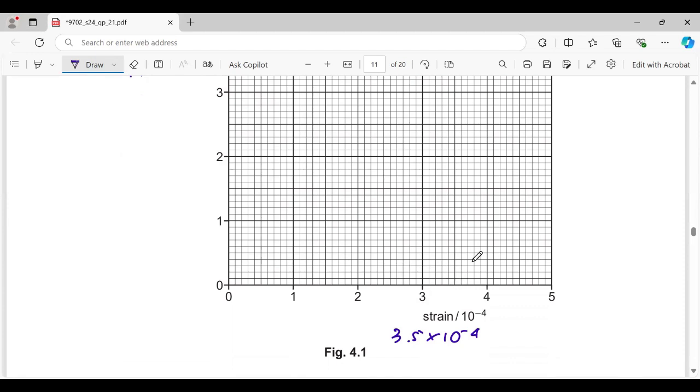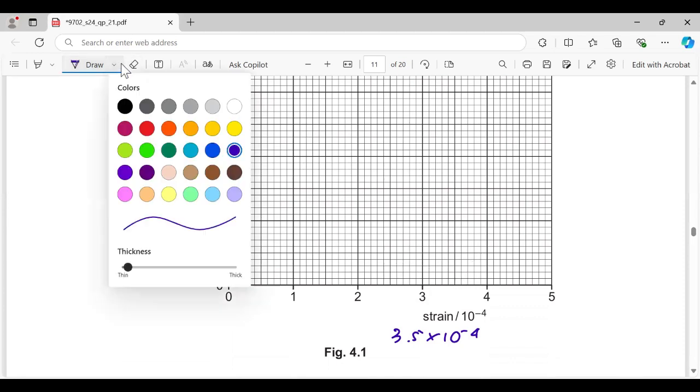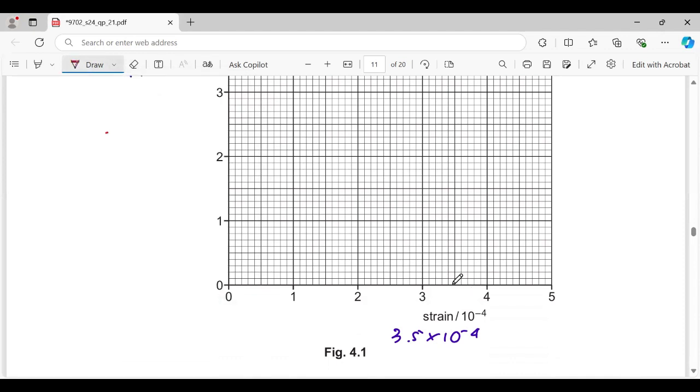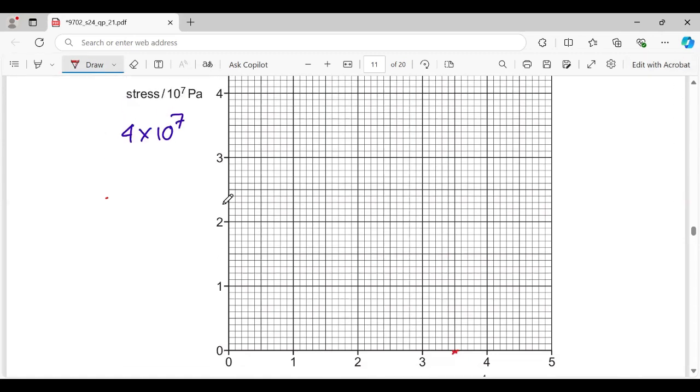Okay, here I'm going to use a different color. This is 3.5. Okay. And after that, 4 here.